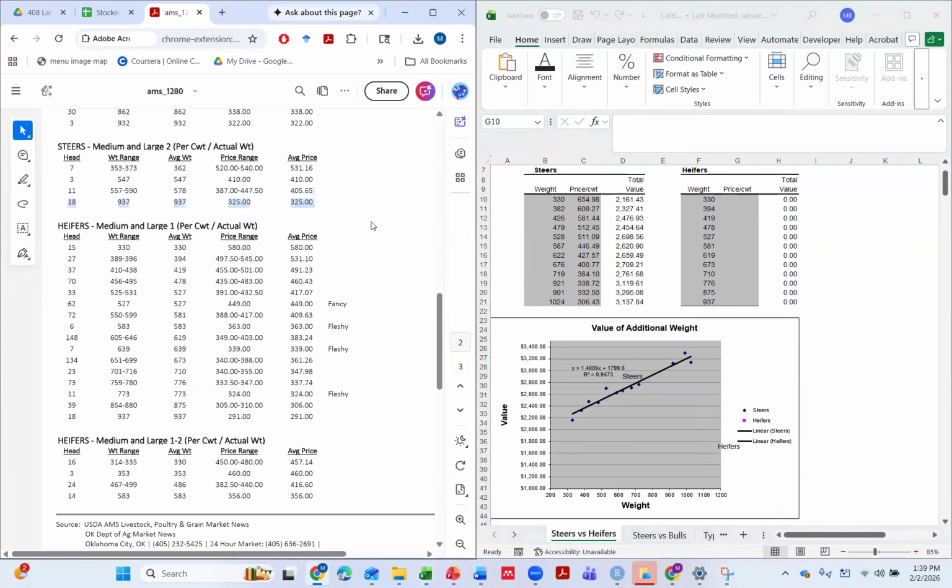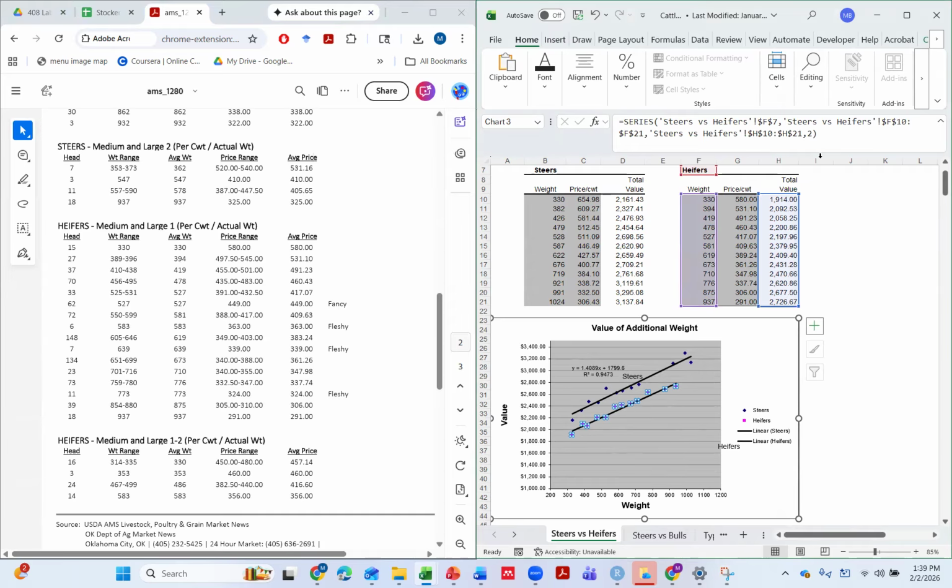So that price of this first group was 580, 531.1, 491.23, 460.43, 417.07, 409.63, 389.24, 361.26, 347.98, 776 was 337.74, 306, 291. Okay.